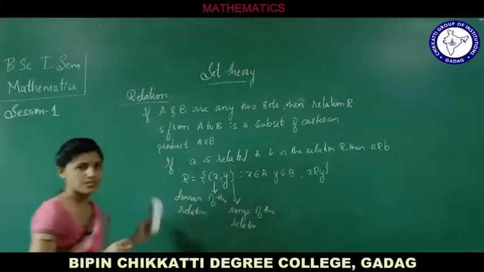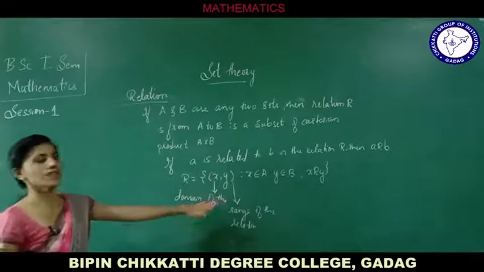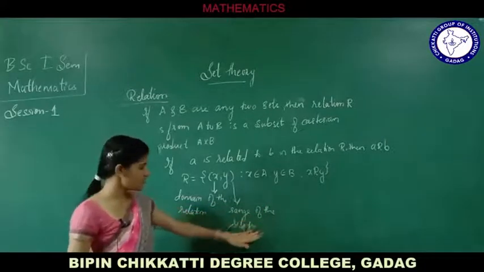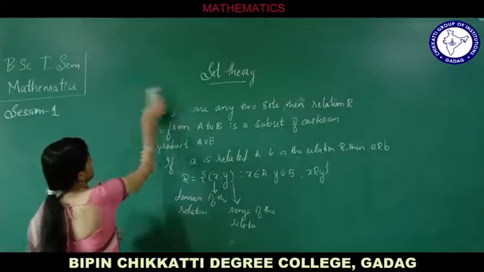Whenever we represent it, the first element represents the domain of the relation, whereas the second represents the range of the relation. Let us look over one example.